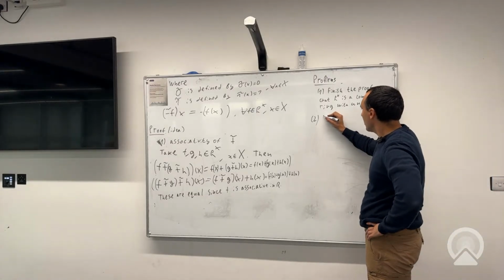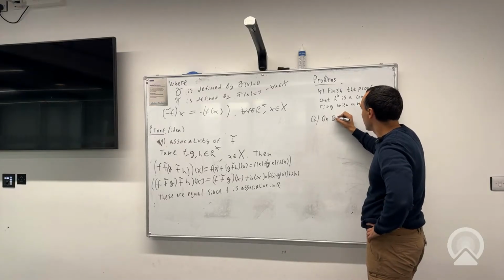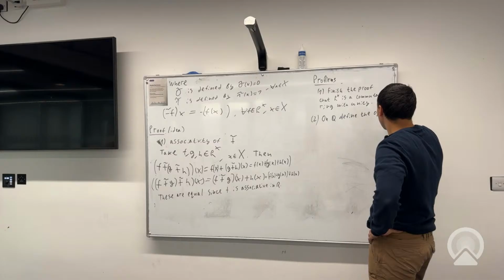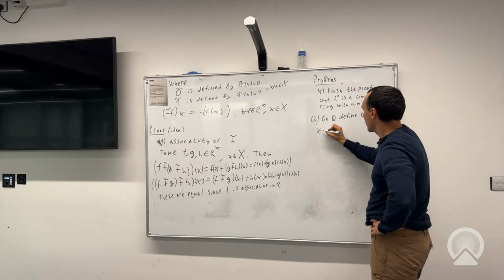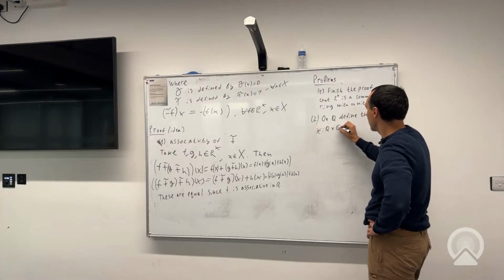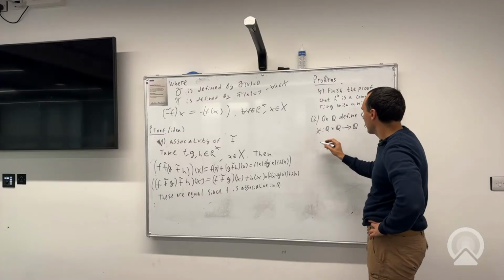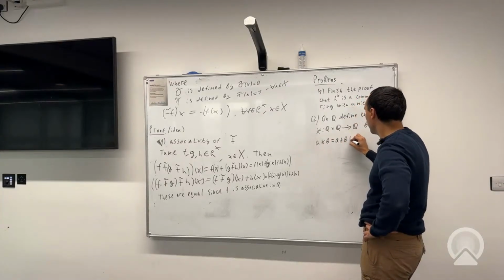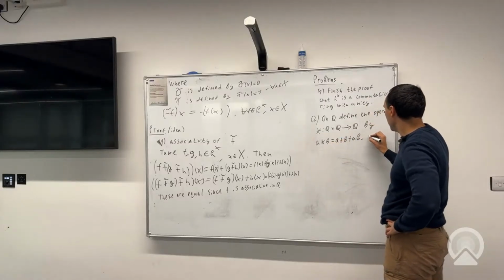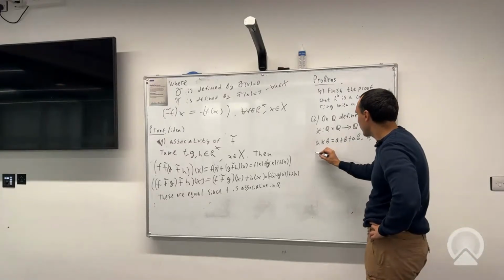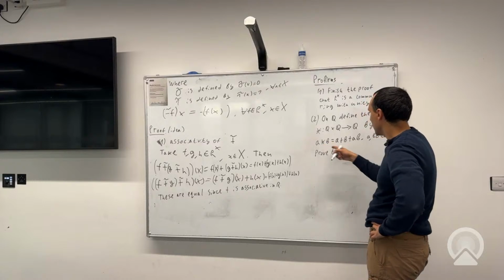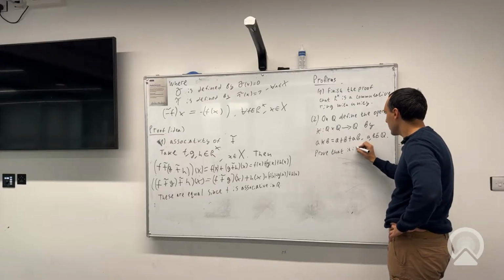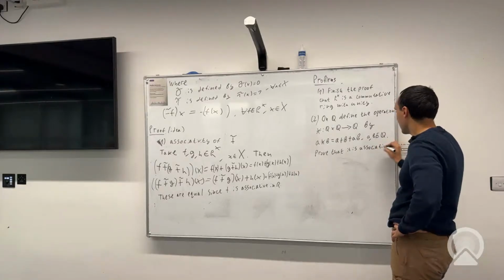On a field, define the operation star by A star B equals A plus B plus A times B. Prove that for A, B rational numbers, it is associative and has unity.